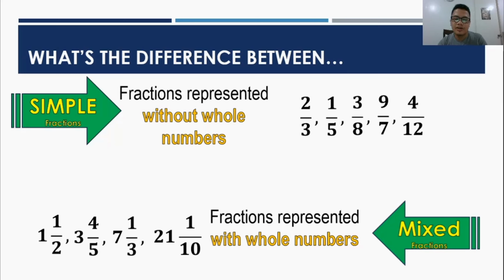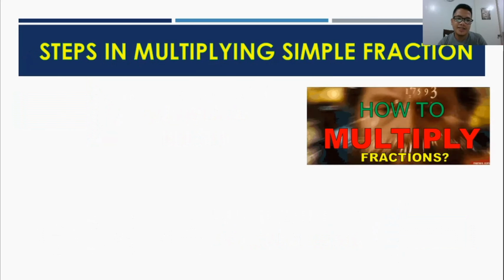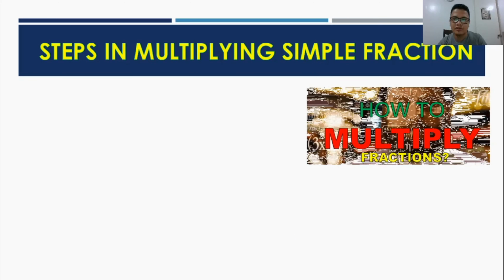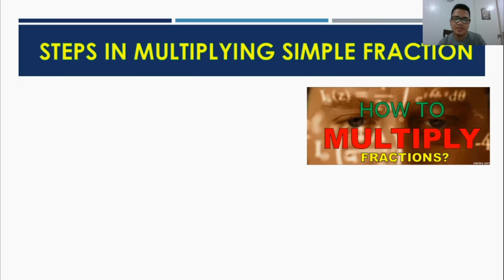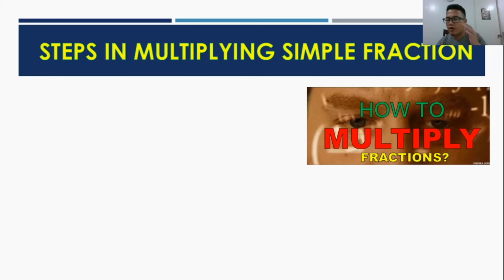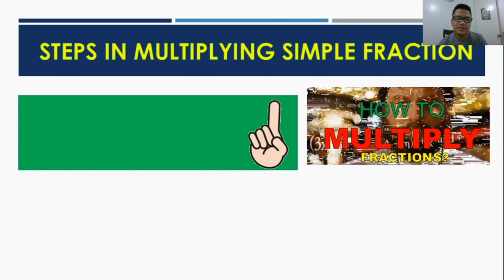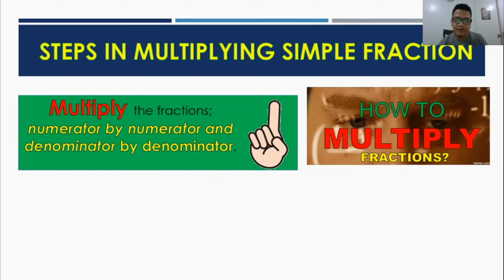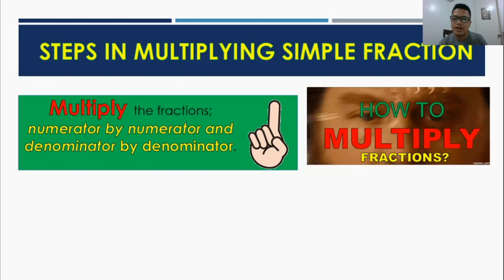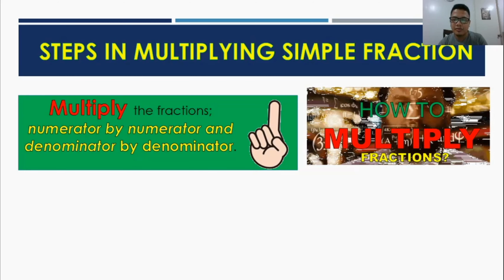So later, in a separate video, on my next video, we will upload and discuss how to do multiplication of mixed fractions. But for now, our focus is on simple fractions. So steps on how to multiply fractions in general. Okay, but my examples would be focusing on simple fractions. So step 1, multiply the fractions numerator by numerator and denominator by the denominator.